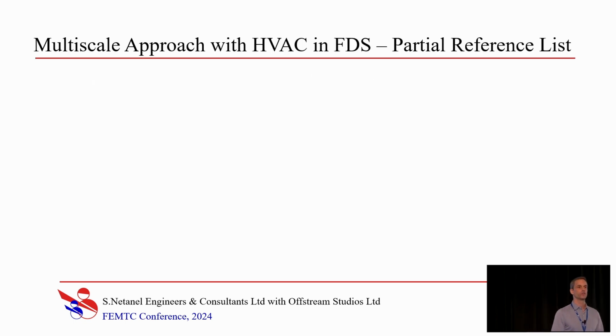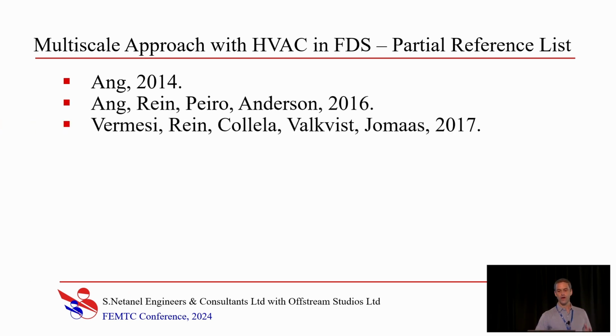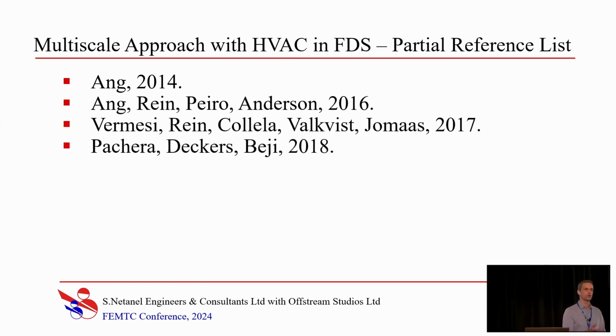The use of HVAC in FDS for tunnels specifically is something that was actually validated and compared to experimental results with good agreement. Still, for a project like the Green Line, it was kind of complicated adjusting those boundary conditions.